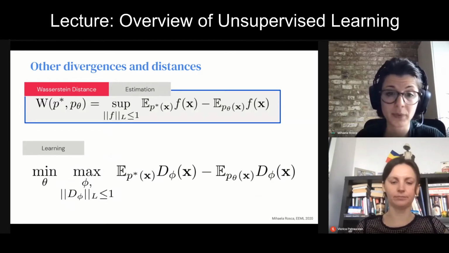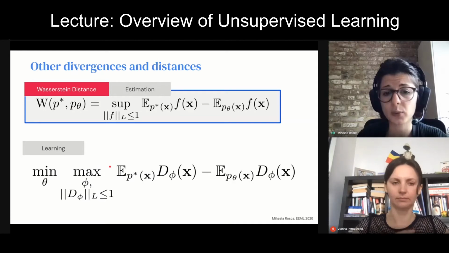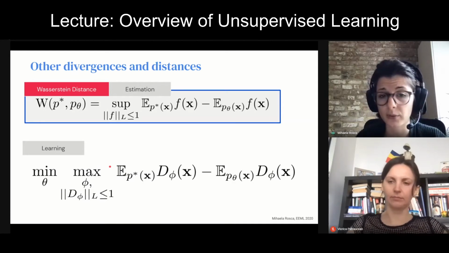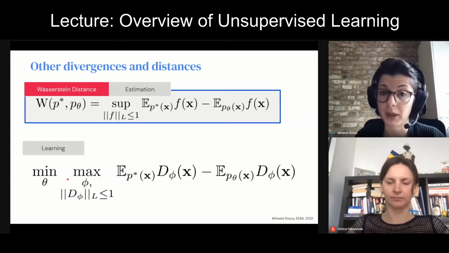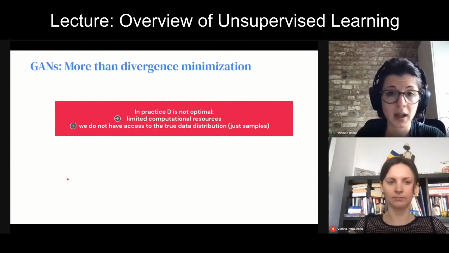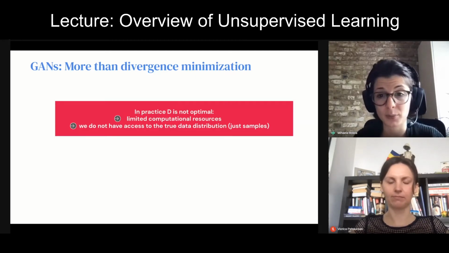That's intractable. So instead of doing this optimization fully, I'm just going to do a few gradient descent steps on phi, and then I'm going to update theta, and I'm going to keep playing a little bit like this. So this is to say that in practice, the discriminator isn't optimal. You have limited computational resources.